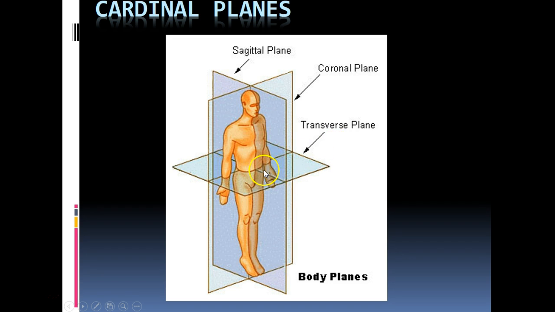The transverse plane kind of bisects the body into upper and lower halves, and this is probably the plane where most of the motion in the human body occurs because it is a plane that involves multiple movements. In other words, it is a rotary plane. It's where rotation occurs about the axis. So what we'll see in the transverse plane is at the hip is internal, external rotation.